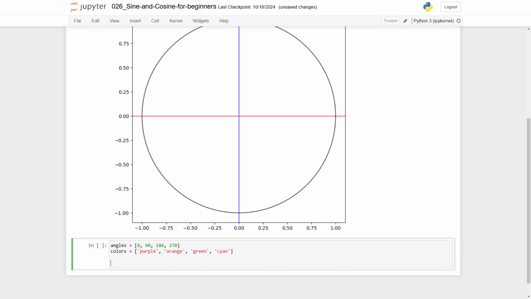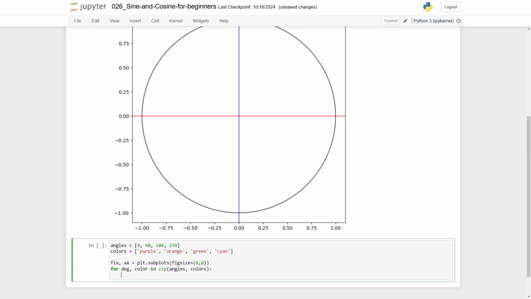And now we will start figuring this out. The figure size is 8 by 8. This should be enough. And what do we do? For degree and color in a tuple of angles and colors, let's do the following.